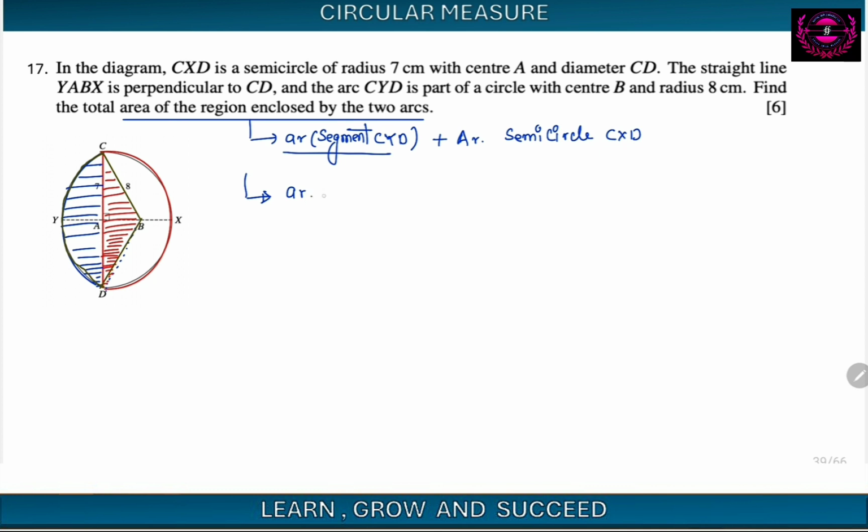So the area of sector CBD minus the area of triangle CBD plus the area of semicircle CXD. For the area of sector CBD, we have to find this angle.